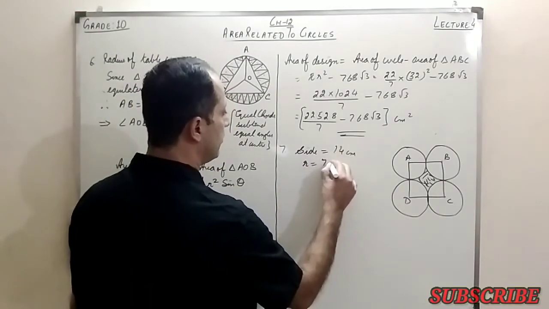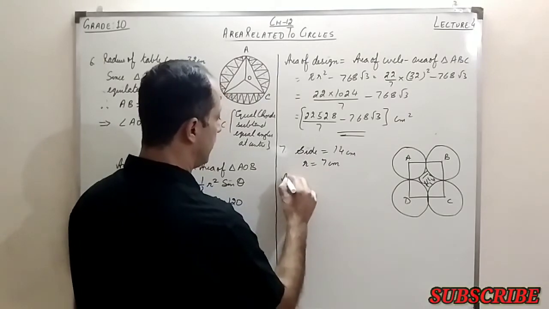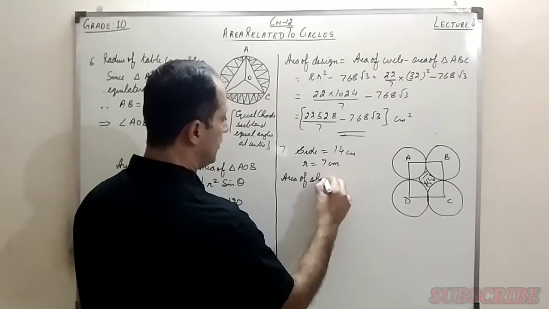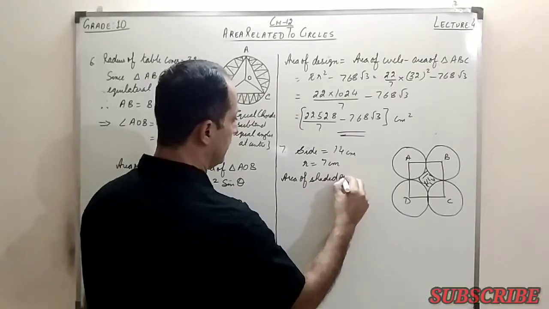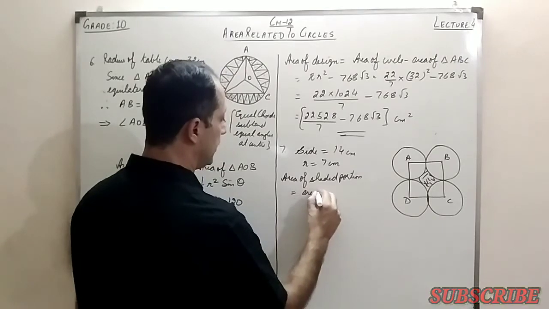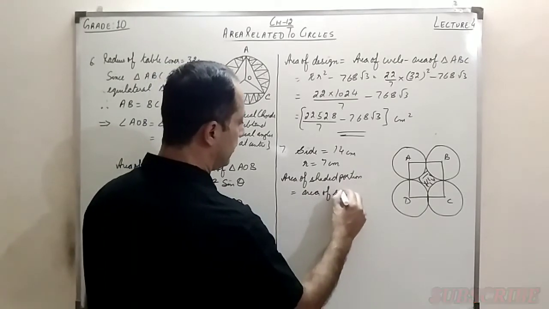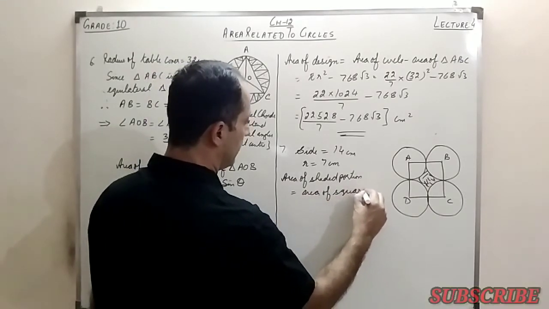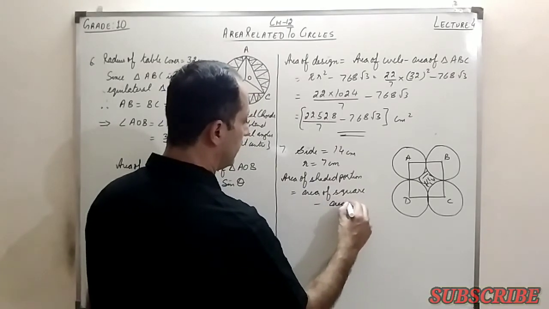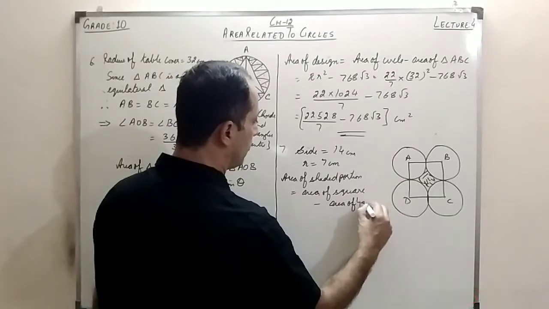R is equal to 7 centimeter. So now area of shaded portion would be equal to area of square minus area of 4 quadrants.